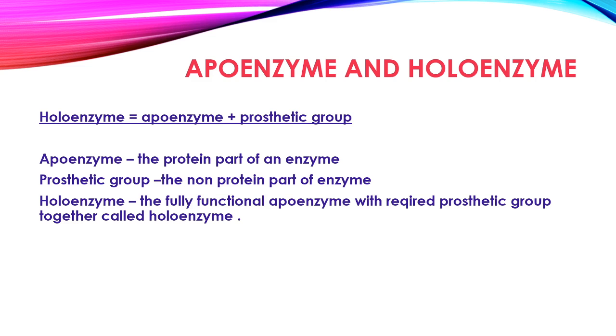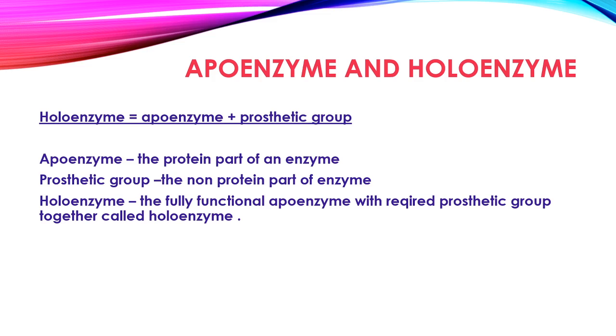The prosthetic group is the non-protein part of the enzyme, a cofactor that is firmly bound to the enzyme and cannot be removed without denaturing. Some prosthetic groups, for example, are biotin.